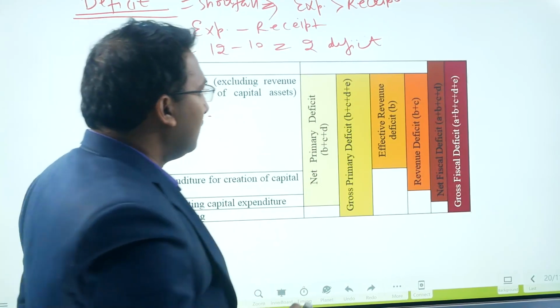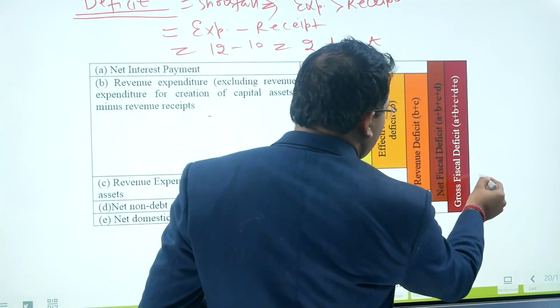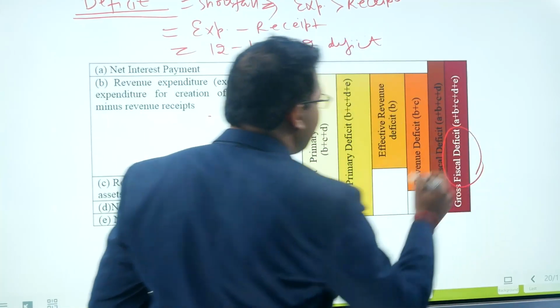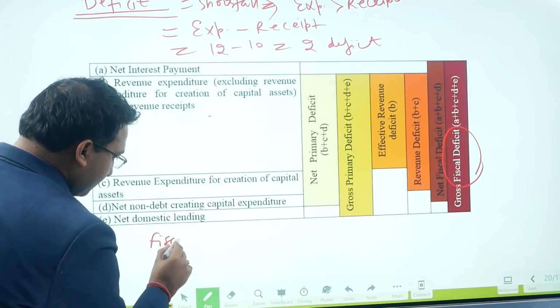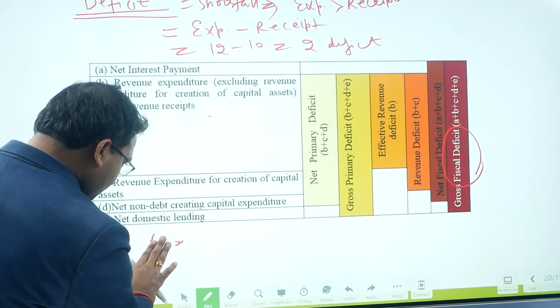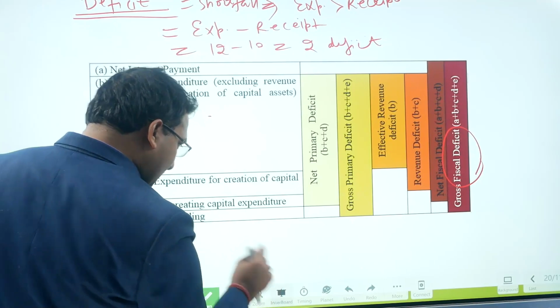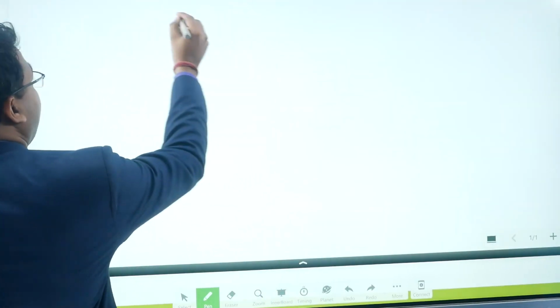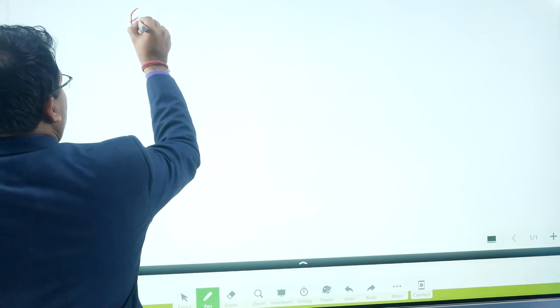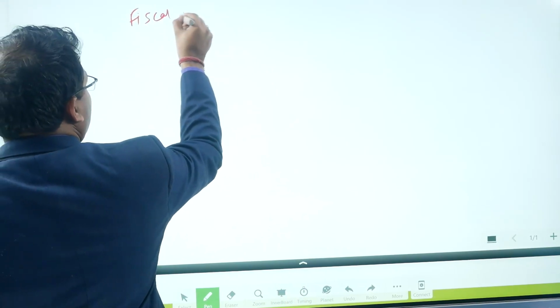For example, the first major deficit is fiscal deficit. Let me give you a little bit more detail, otherwise you might get confused. First is fiscal deficit.